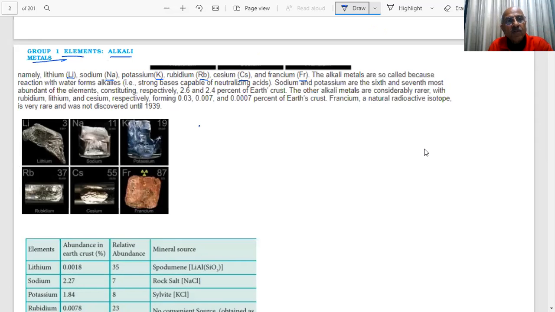What happens is that these alkali metals readily react with water. Sometimes the reaction is very explosive, mostly with sodium; it will explode in water. When they react with water, they form alkalis. What do you mean by alkali?